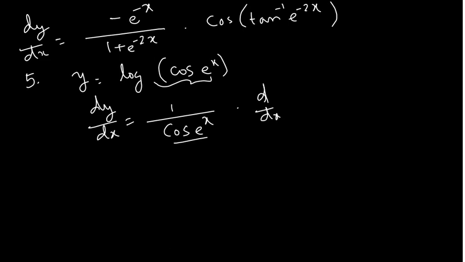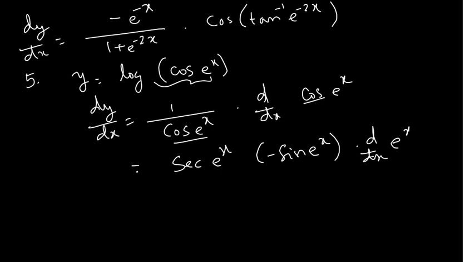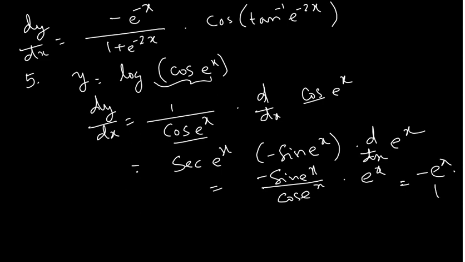So that is secant e power x, differentiation of cos is minus sine e power x into differentiation of e power x. So this is minus sine e power x divided by cos e power x, you get tan e power x, and for this e power x. So the answer is minus e power x into tan e power x. That's the answer.